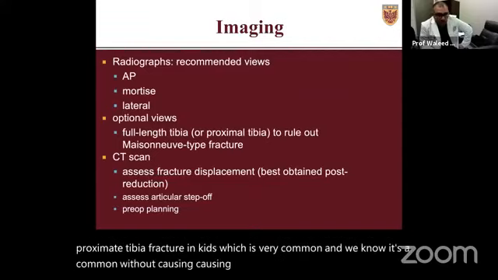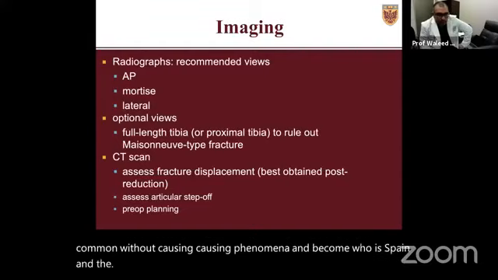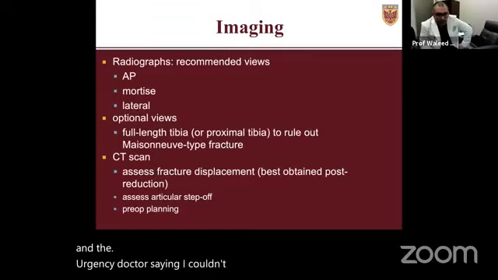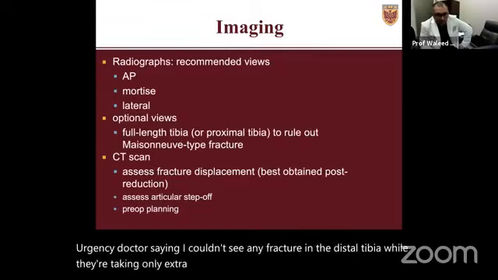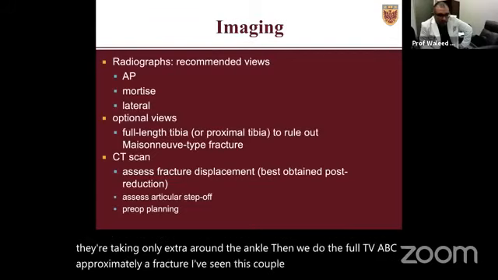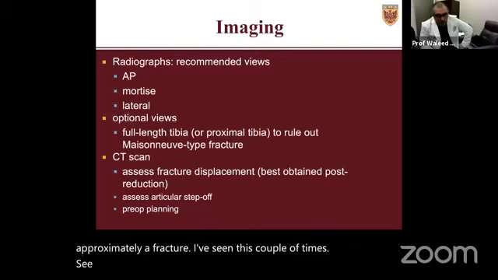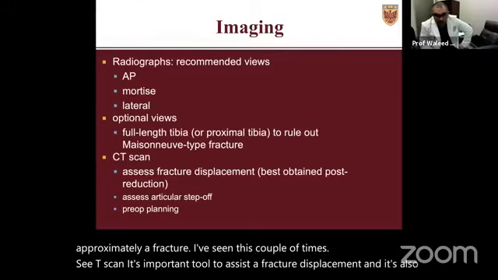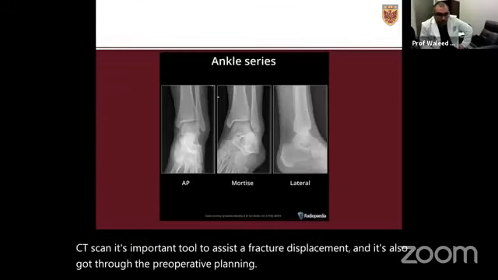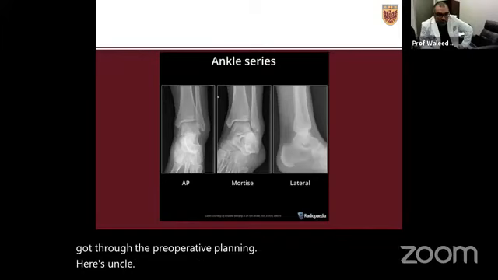They come with pain, and the emergency doctor says, I couldn't see any fracture on the distal tibia, while they're taking only an X-ray around the ankle. Then we do the full tibia, and you see a proximal tibia fracture. I've seen this a couple of times. CT scan is an important tool to assess fracture displacement, and it's also good for preoperative planning.